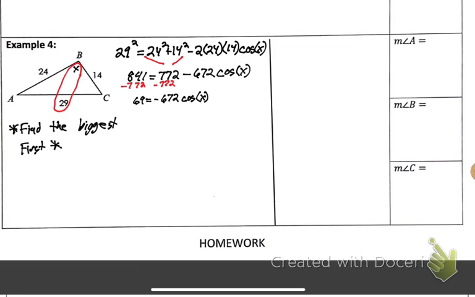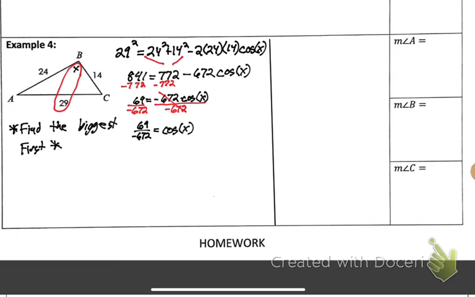I use division because it's actually attached by that multiplication. So I'm going to divide both sides by a negative 672. Realize that in your calculator you have a negative button for most of us. So now I have 69 divided by negative 672 equals cosine of x.